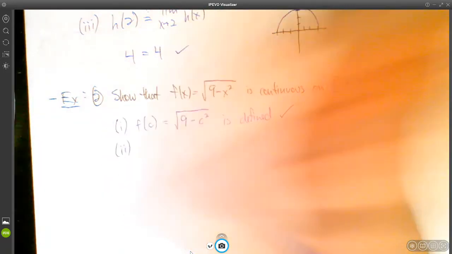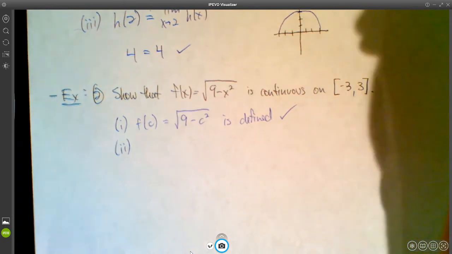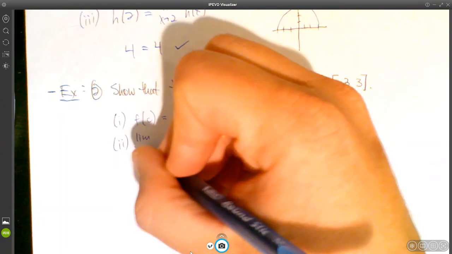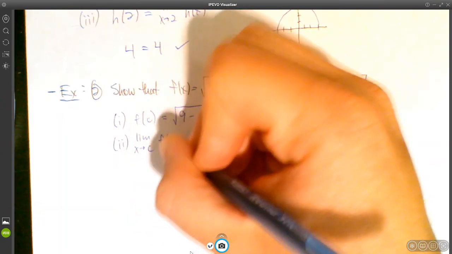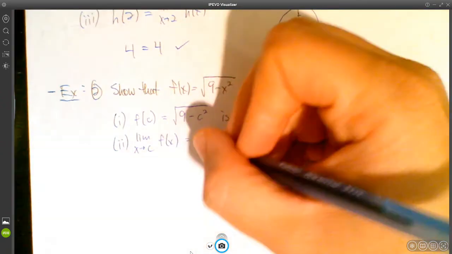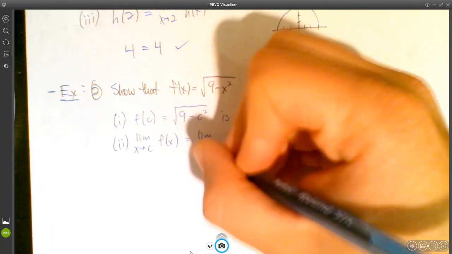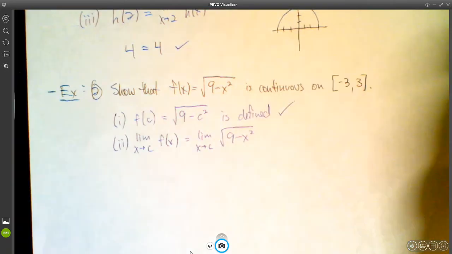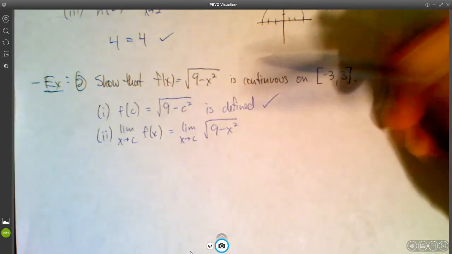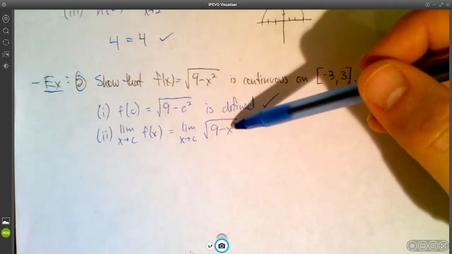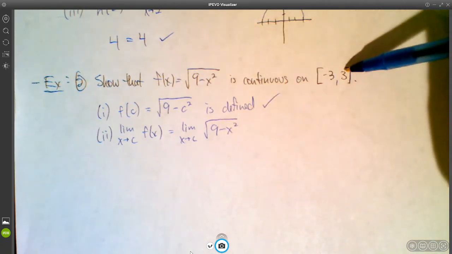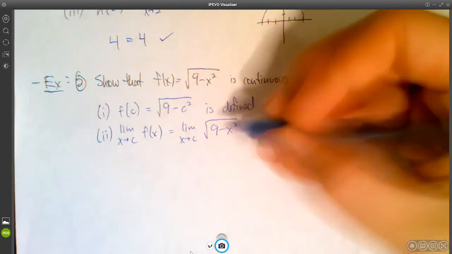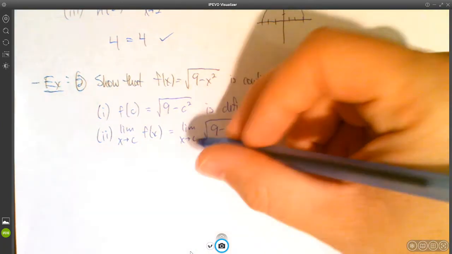The next thing we need to do is figure out, does the limit as x approaches c exist, right? So limit as x approaches c of f of x. Well, I should have just written the function out, right? This is limit as x approaches c of square root of 9 minus x squared. We're not going to get any domain issues, again, as long as c is within this interval. So we can just go ahead and replace x with c.